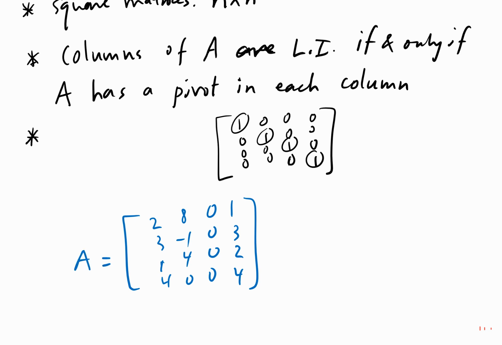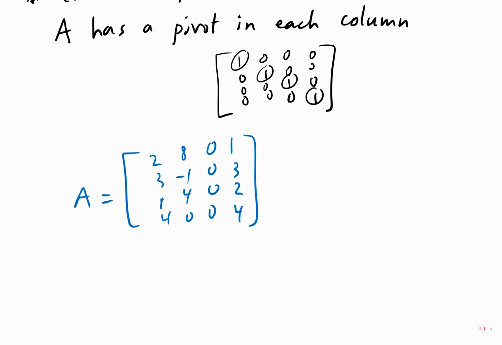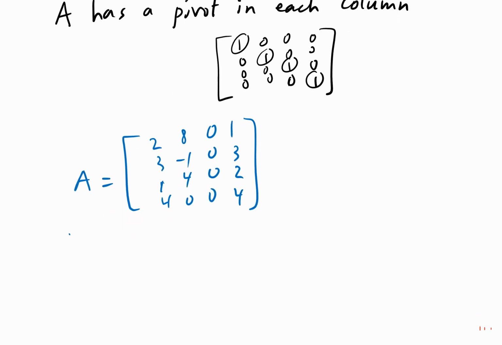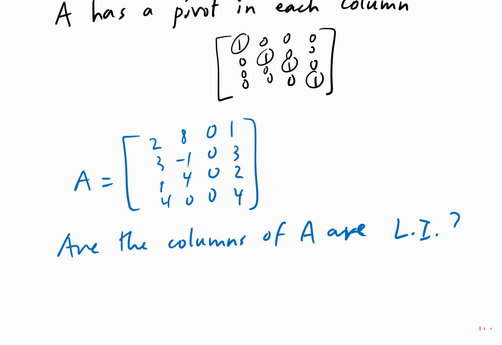This is an example of matrix A. What do you think about this matrix? Are the columns of A linearly independent?